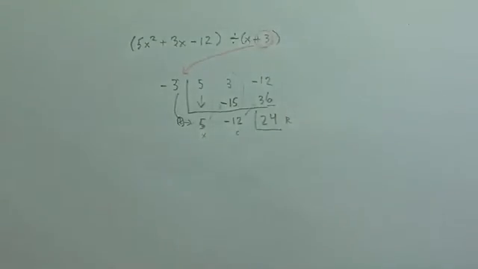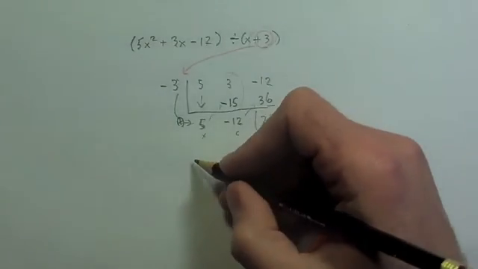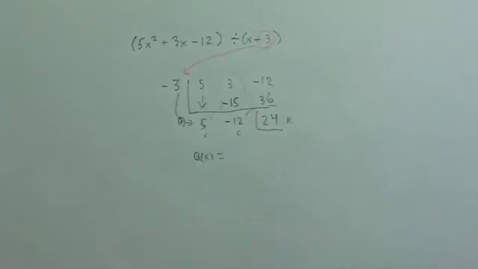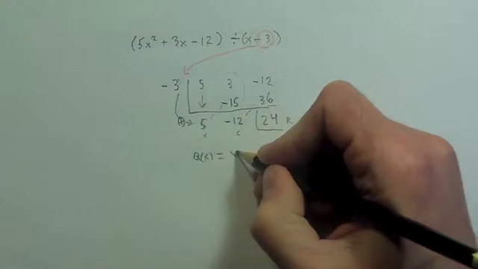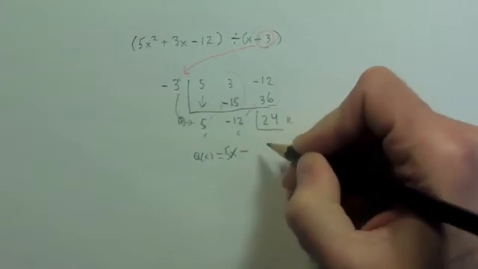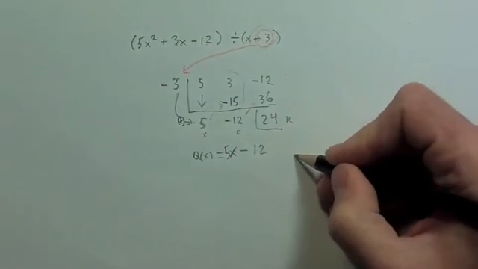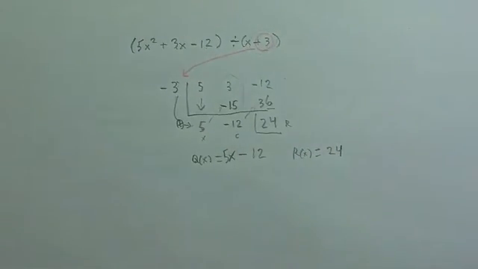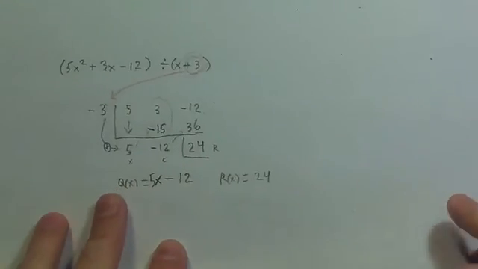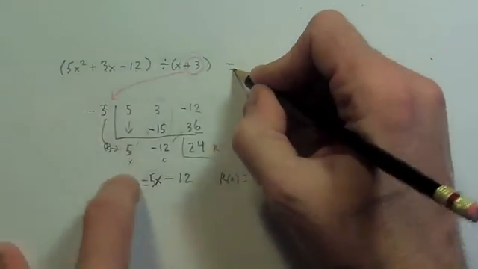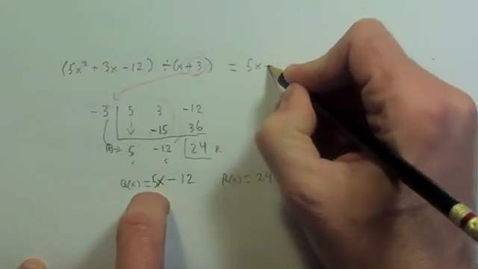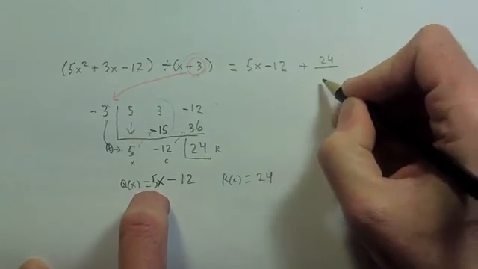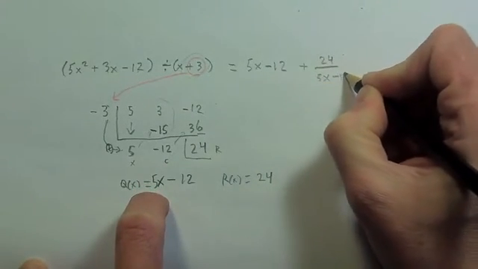So what I end up with is my quotient, which we usually call q of x, but the quotient is 5x minus 12, and the remainder is 24. So this expression could be rewritten as 5x minus 12 plus 24 over 5x minus 12.